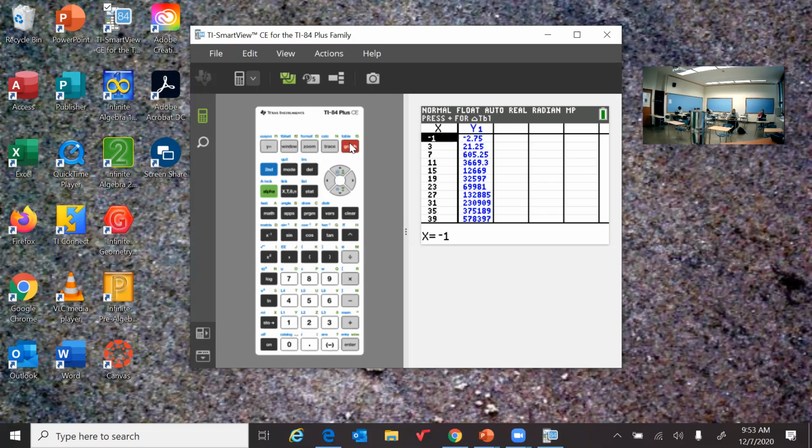There it is. -2.75 to 21.25. Okay, it went up 24. It went up 24, which is what you got when you found the area under the derivative. It's giving you the change in the height of the parent graph.